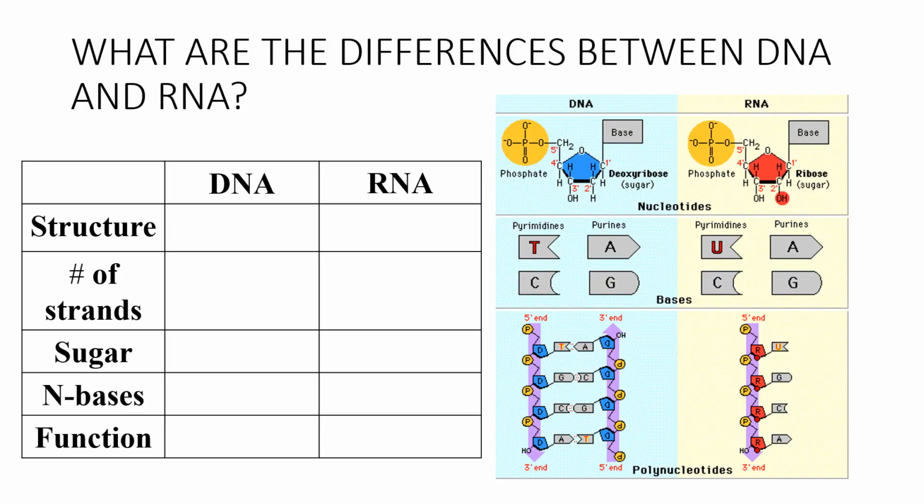So in this lesson, we distinguish the difference between DNA and RNA in terms of structure and function. So in terms of structure, our DNA is a double helix, and RNA is linear.